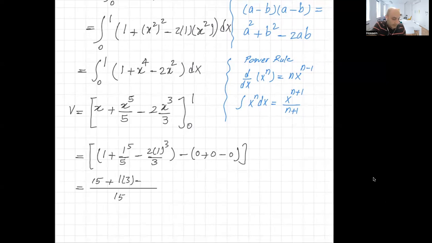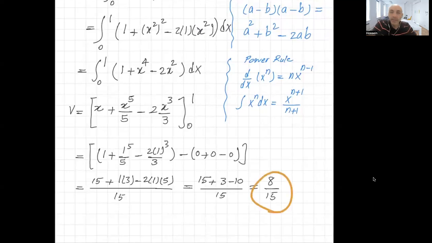And the third term is going to be 2 times 1 times 5. And this is going to be 15 plus 3 minus 10 divided by 15, which is equal to 18 minus 10, which is 8 divided by 15. So this is our answer here.